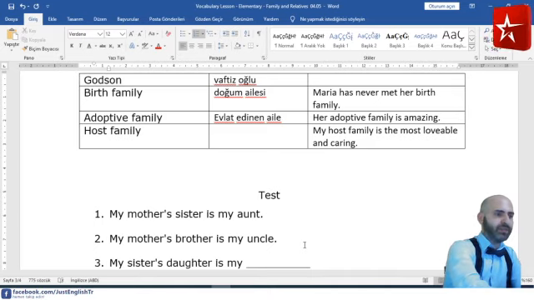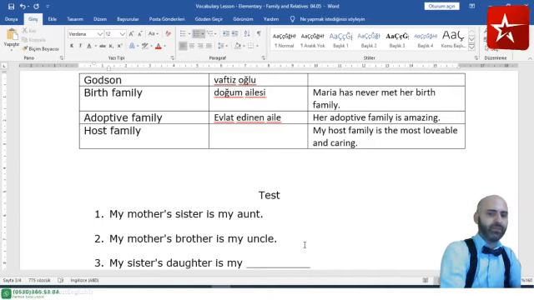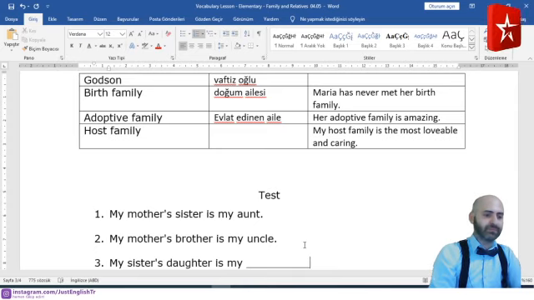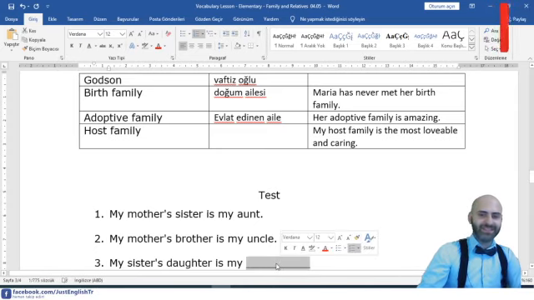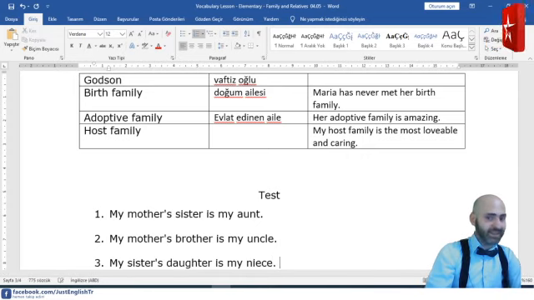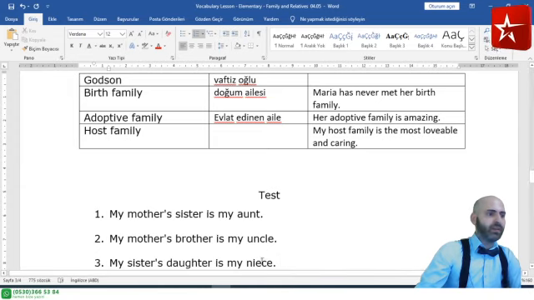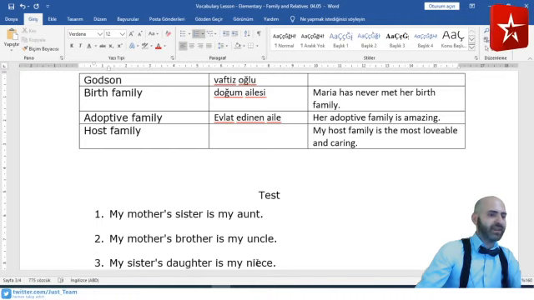Ayfer, this is about a boy, but we are talking about daughter, so a girl, not nephew. Ellie has the correct answer. My sister's daughter is my niece. Very true. And for students on YouTube, nephew is a boy, not a girl, guys, okay?